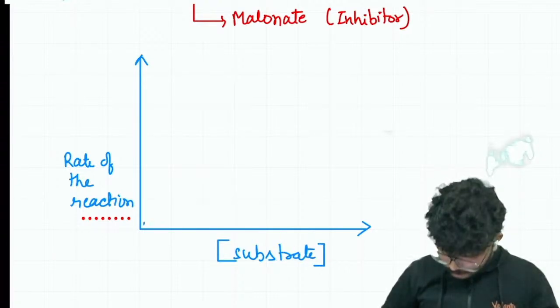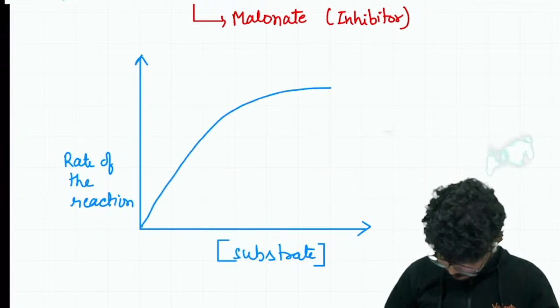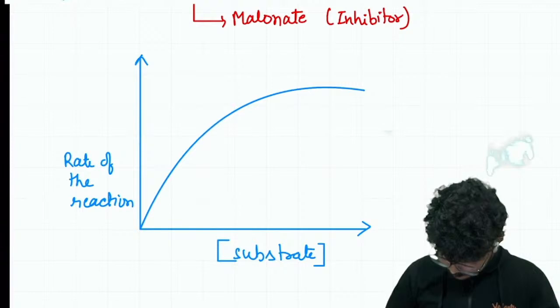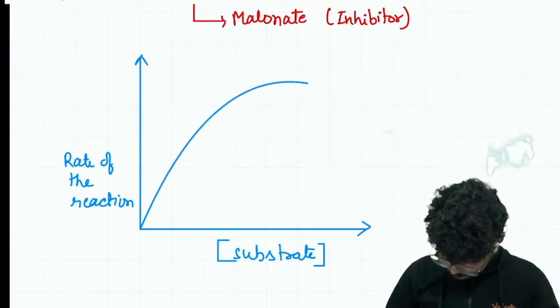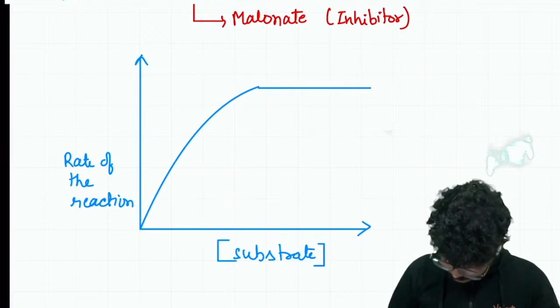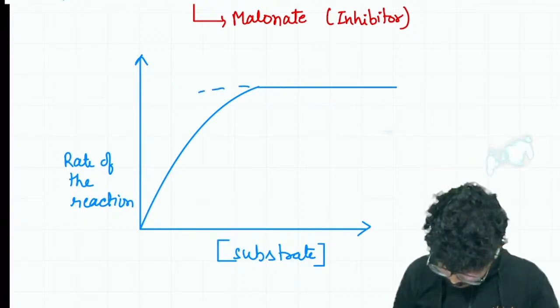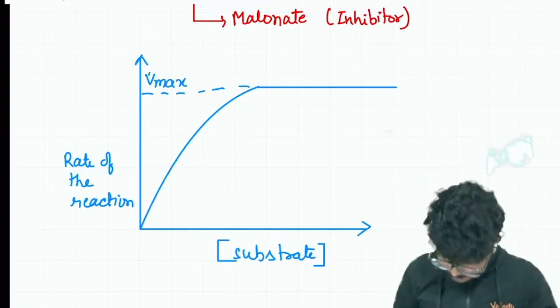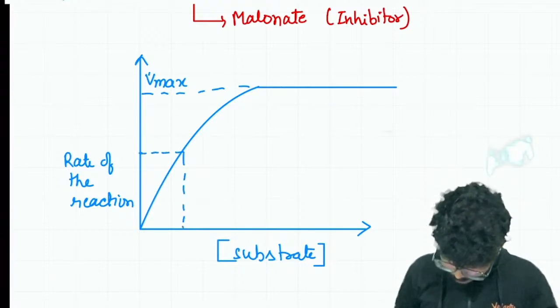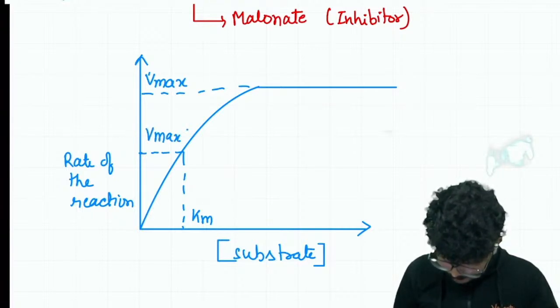So the graph was looking something like this, and this was the Vmax, right? And here we had the Vmax by 2. The corresponding value of the substrate is going to be the Km, right?